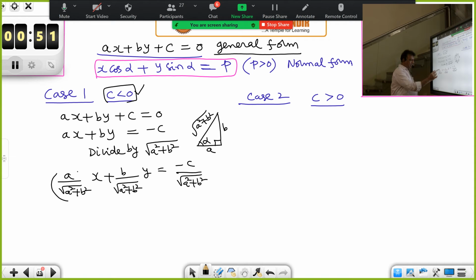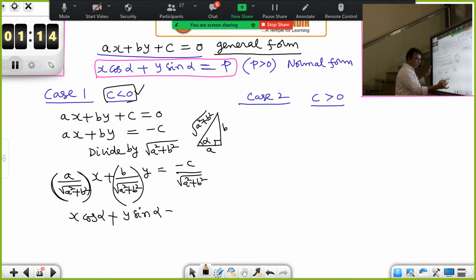So that is here in the equation. A by root of a square plus b square is nothing but what? Cos alpha. So x cos alpha, first term. From the diagram, what is sin alpha, Madhuri? B by root over a square plus b square. That is here. B by root of a square plus b square is nothing but sin alpha. So y sin alpha is equal to, in place of p, minus c by root of a square plus b square.